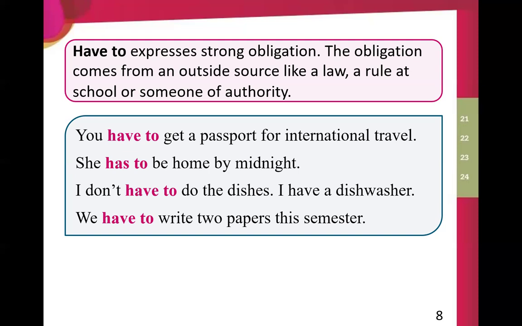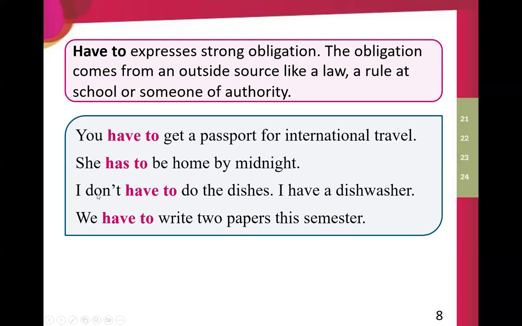She has to be home by midnight, means that the door will be closed and she will not be able to get inside the home if she couldn't come before midnight. Okay. I don't have to do the dishes, so it's not necessary for me to do the dishes.